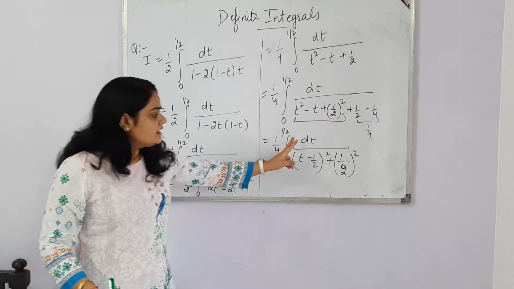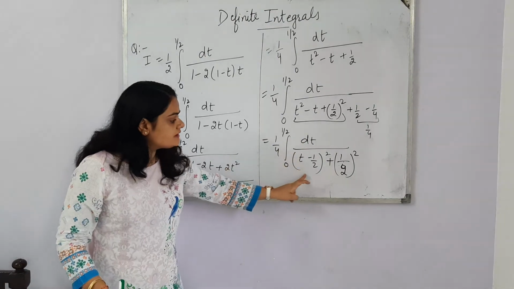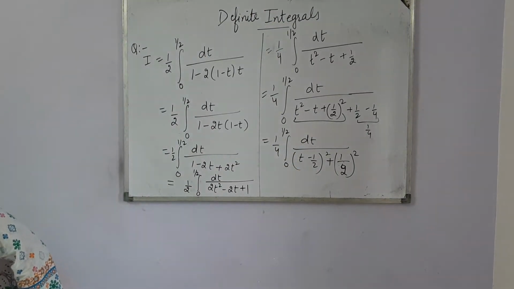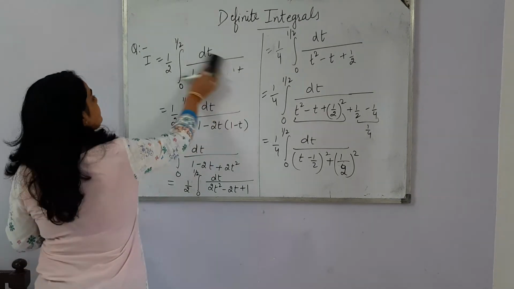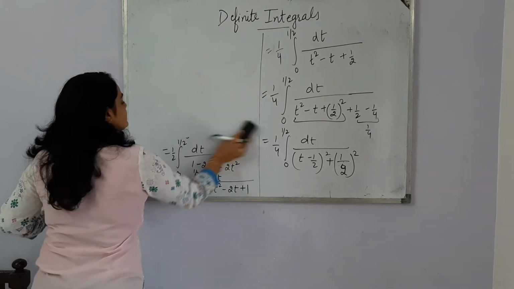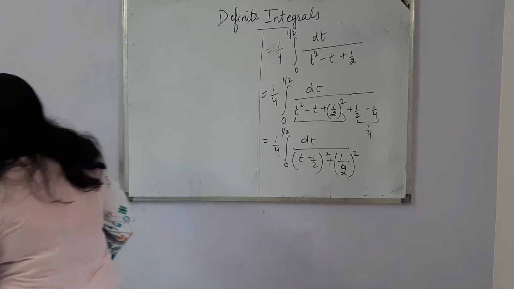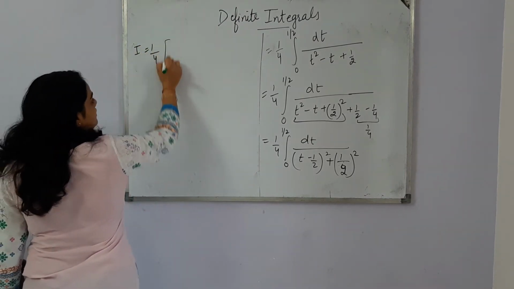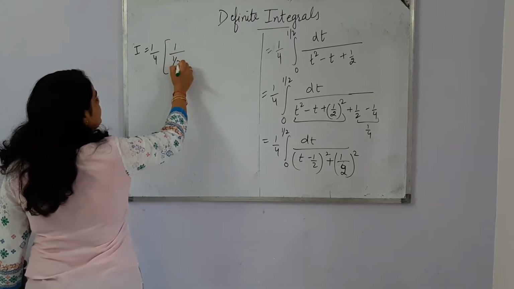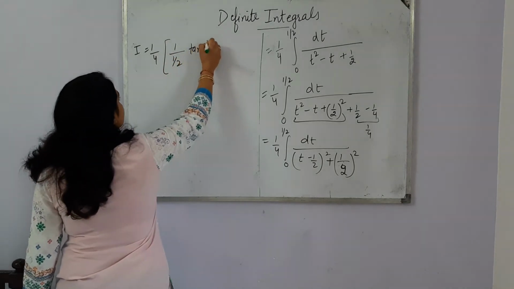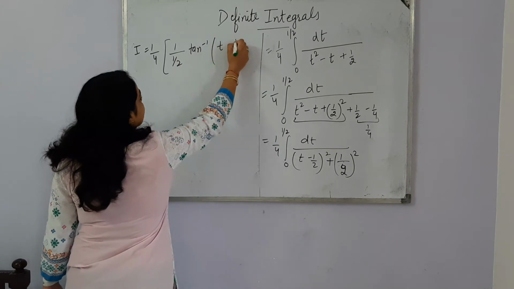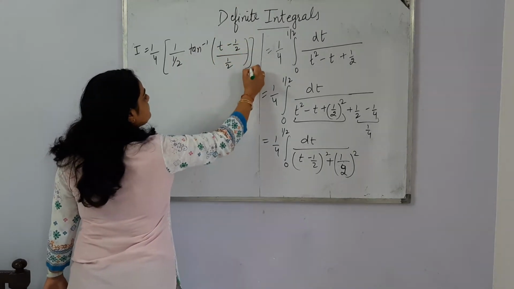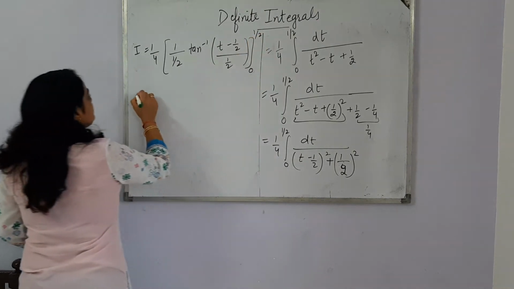Now here the formula is applicable, 1 upon x square plus a square, which is 1 by a tan inverse x by a. What is a? 1 by 2. What is x? t minus 1 by 2. The limits are 0 to 1 by 2.